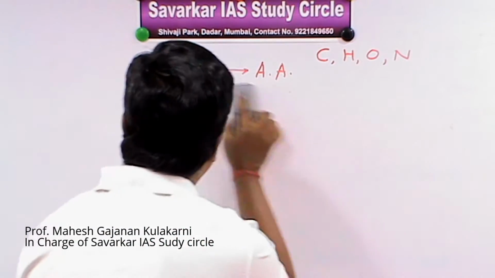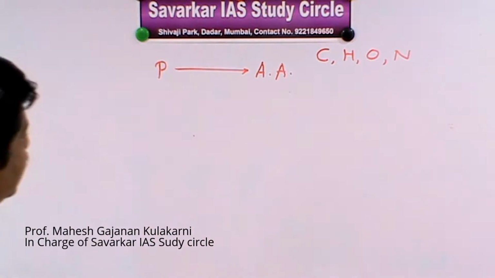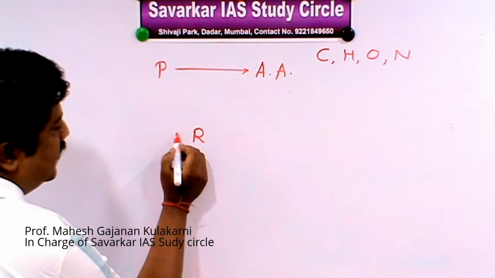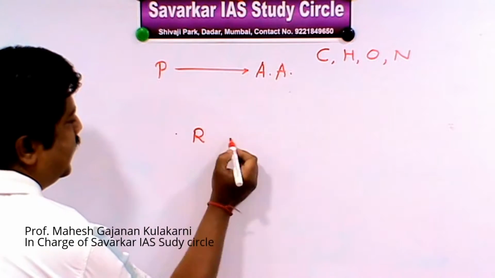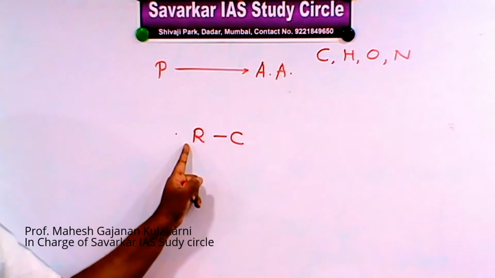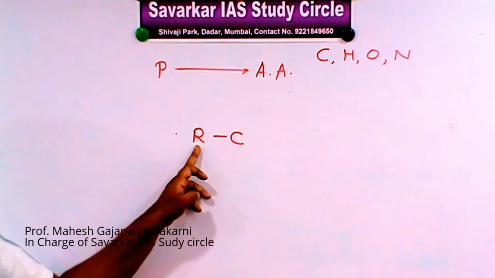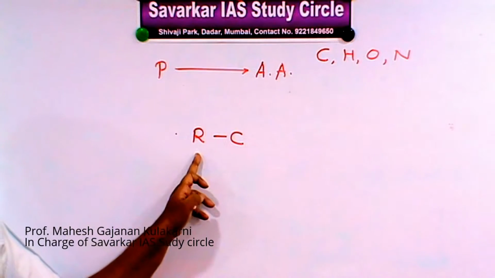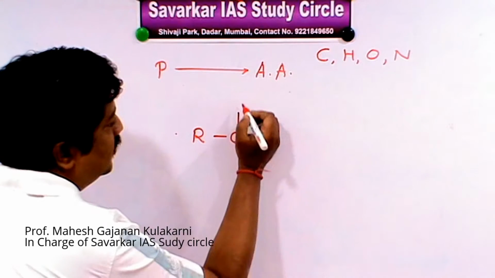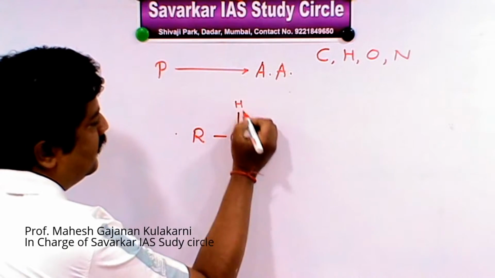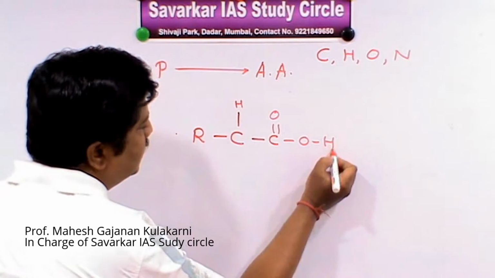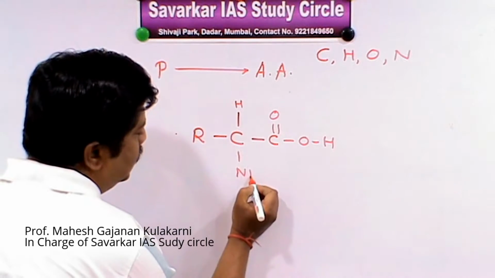Now the structure. This is R, which means it is attached to some C. I can split it out. Suppose C2 is there, one C is here and one C is here. Suppose C20 is there, then C19 are here and one C is here, which is attached to one hydrogen, C double bond O, OH, and NH2.